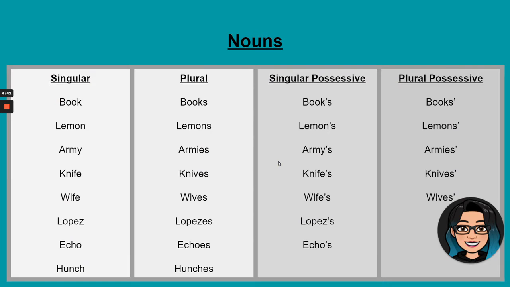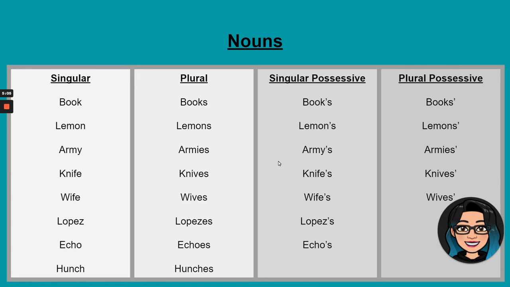Okay, so here we have some examples of nouns. We have singular, plural, singular possessive, and plural possessive. So as you can see, most of these have a version for each one of those categories. But as we get to the bottom, you'll see that it's a little different.